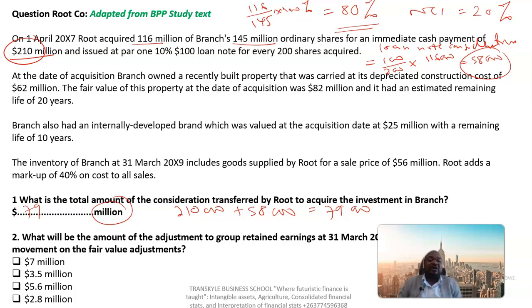Some students who are very arrogant might want to type the amount in words. That shows that you are not yet ready. Sometimes that doesn't sound good, because as you can see, everything is being given in figures. Even the 210 million was given in figures, 210, and then the million has been given in the answer portion.